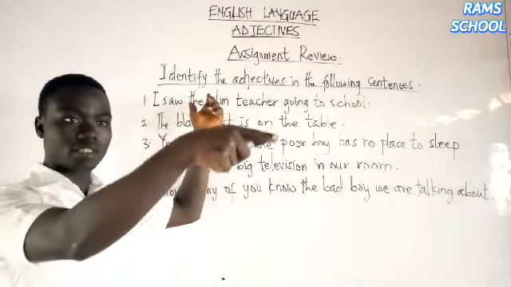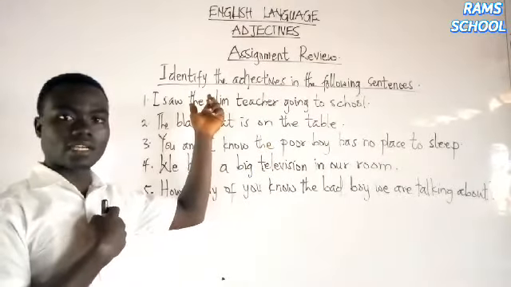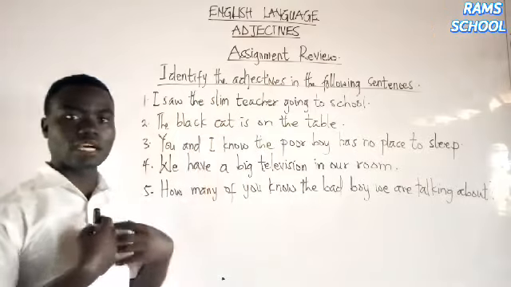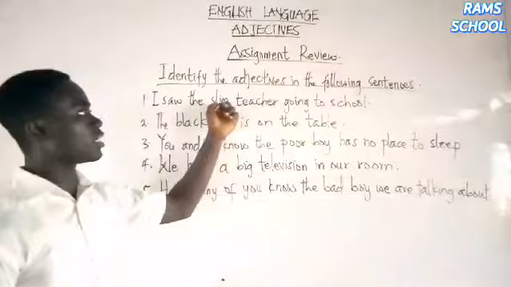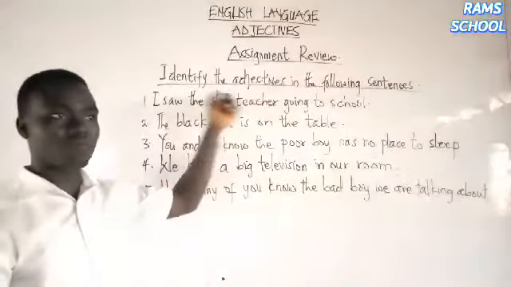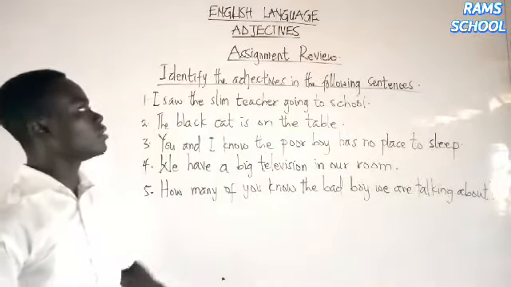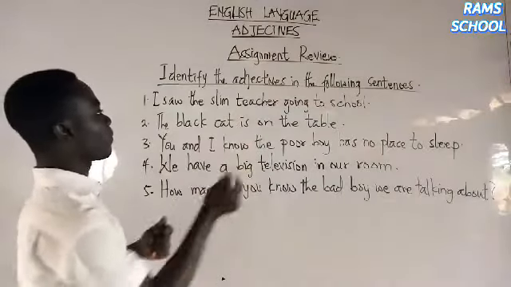So I'm talking about the slim teacher. You don't know my size. You don't know whether I'm fat or slim. So we are talking about the teacher being slim. So the slim here describes the teacher, but not I or the pronoun. So the adjective here is slim.